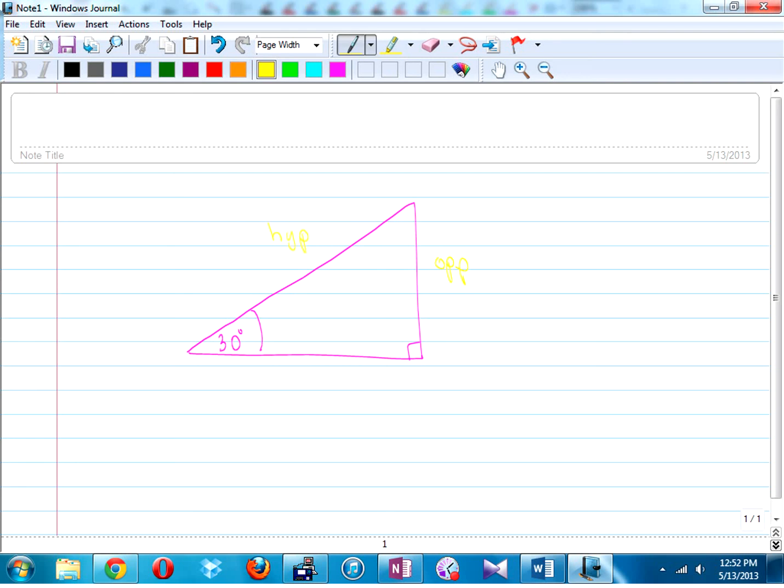In other words, if you knew that this was 6 long, that's 12 long. Or if you knew that this was 3 long, that's 6 long. Or if this was 1.8 long, this is 3.6 long. This is why trig is useful. These ratios don't change, so if you know the angle and one side, you can figure out the mystery side.